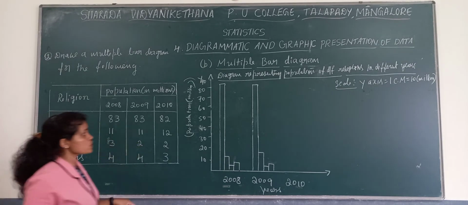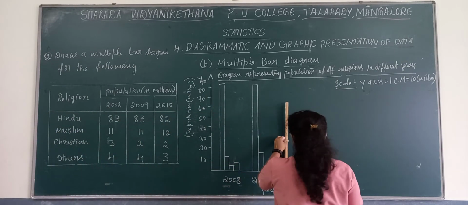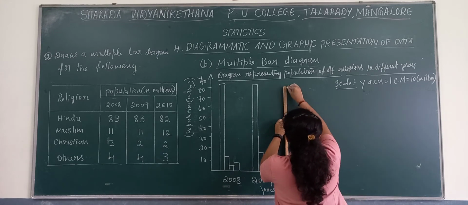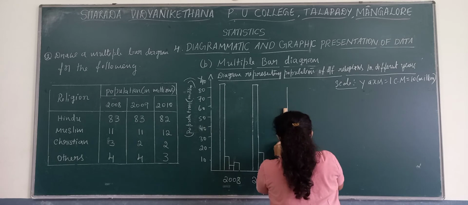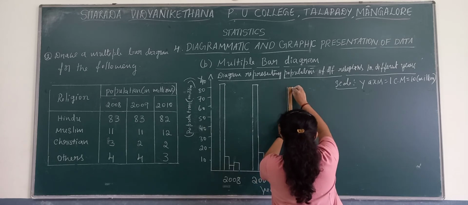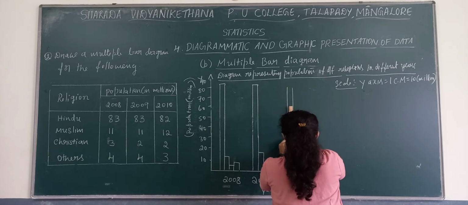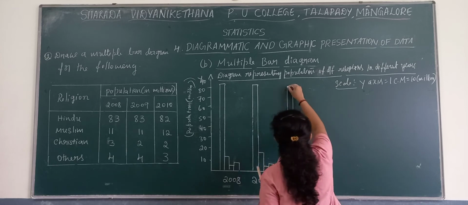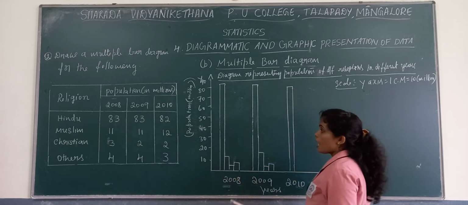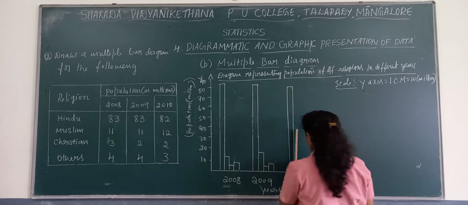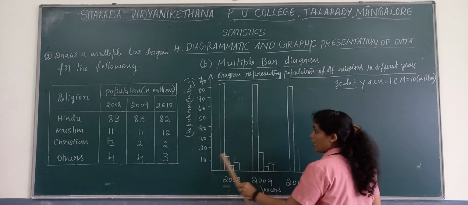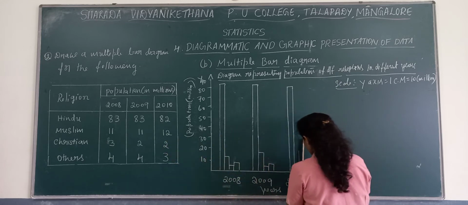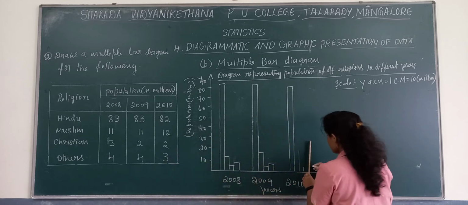Now come to 2010. There Hindu population is 82, a bit lesser than the other two. Muslim is 12, and Christian is 2, very small again.